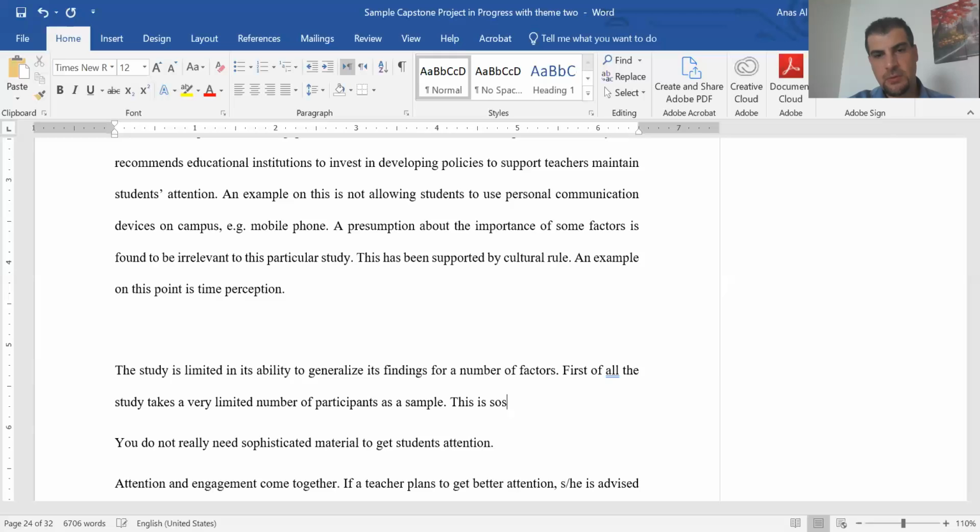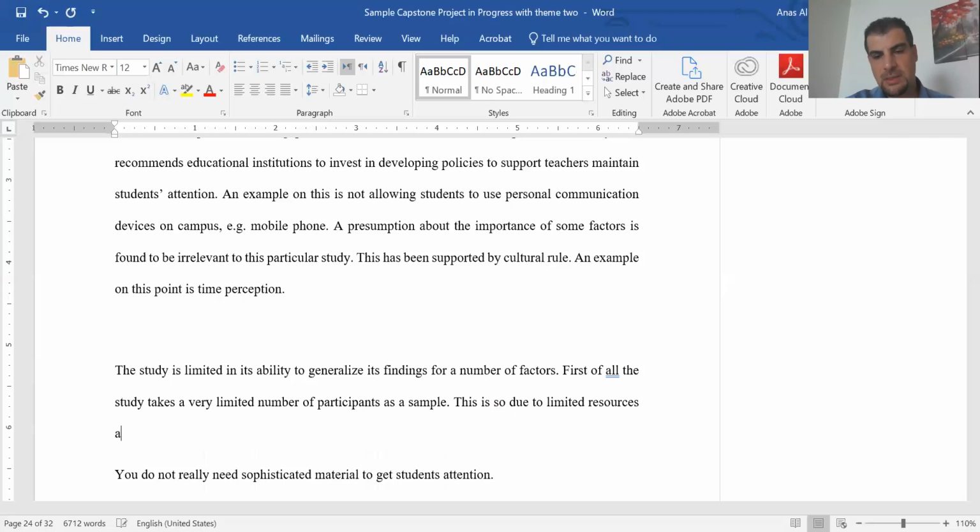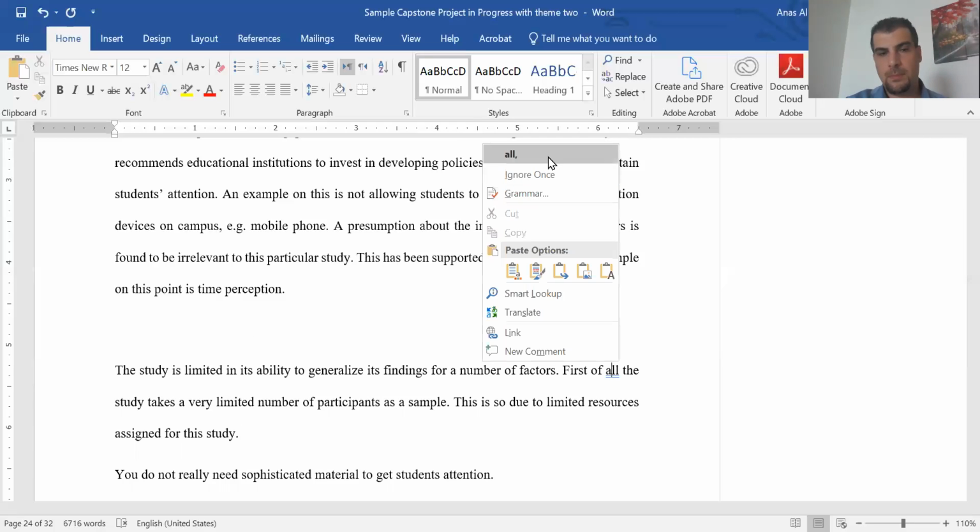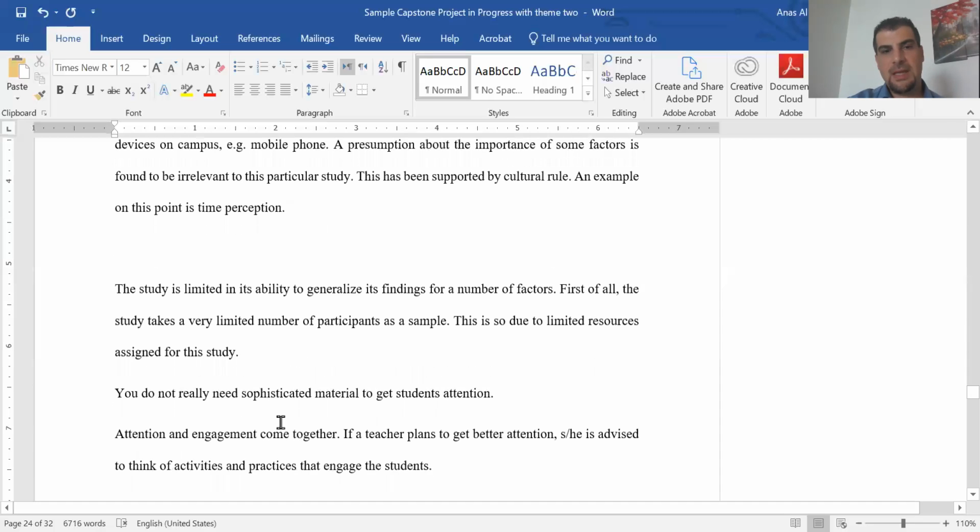This is so due to resource limitations, due to limited resources assigned for this study. So first of all, the sample is small.